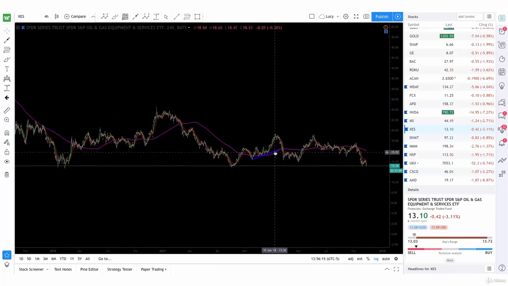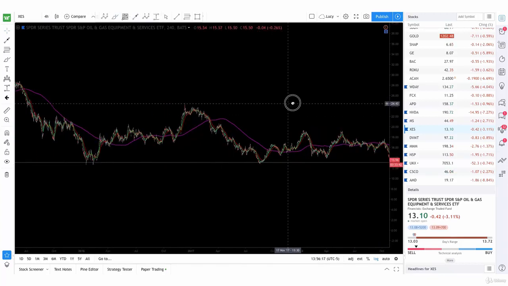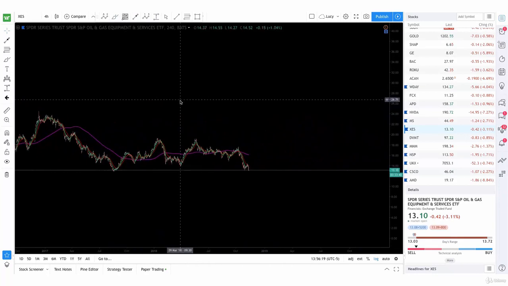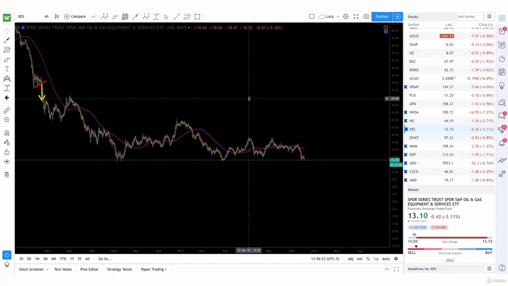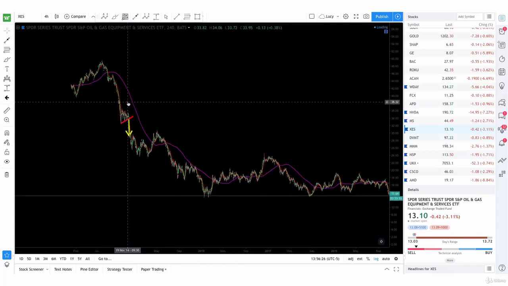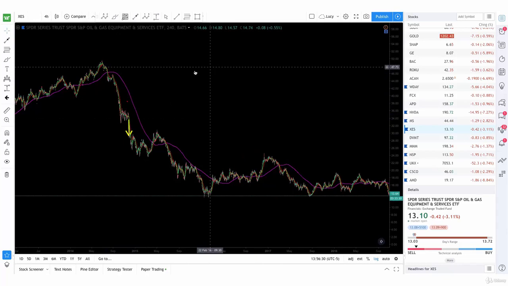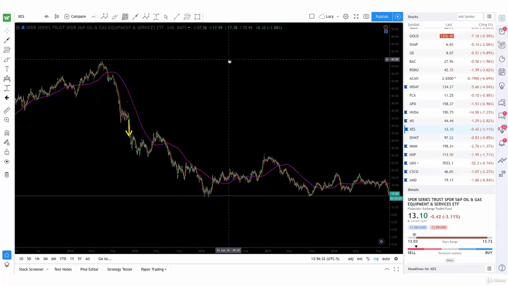Okay, so symmetrical triangles can break either way. Remember that there's always probability in this game. There's nothing that's 100% sure while you're trading, but you want to be ready for either situation to happen.